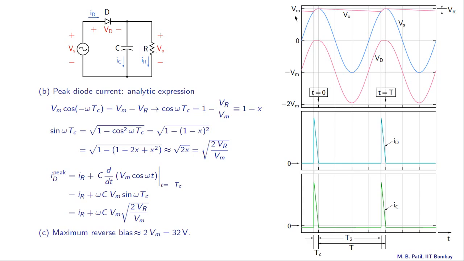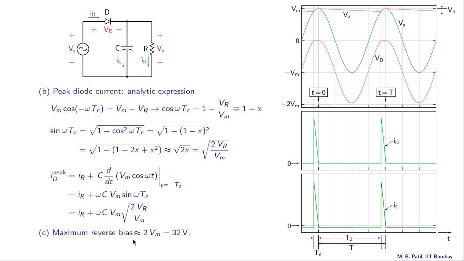Now Vo is nearly constant, that is equal to Vm, and therefore Vd is equal to Vs shifted down by Vm, because Vd is Vs minus Vo, and that essentially is this waveform here, and the lowest value is minus 2 Vm. So that means the maximum reverse bias is 2 Vm. In this case it is 32 volts.